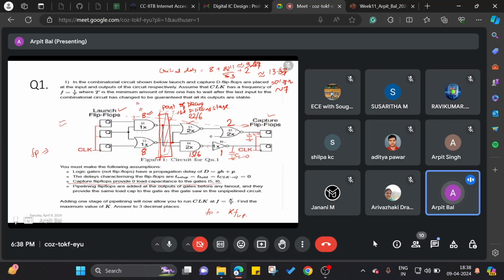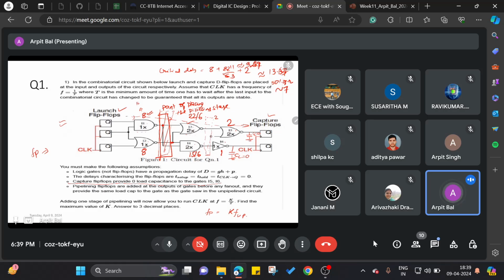Okay, so now tell me, where do you think you can place the second pipeline block? Okay, so already in between I3 and I5. So let's say I place it here. Let us assume that this is the place where I can put the second pipeline stage.